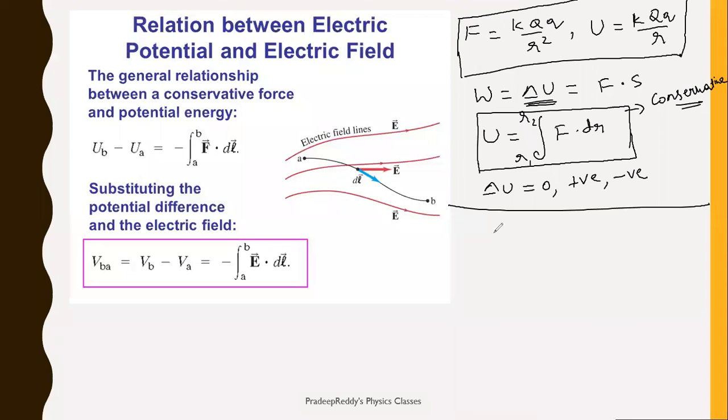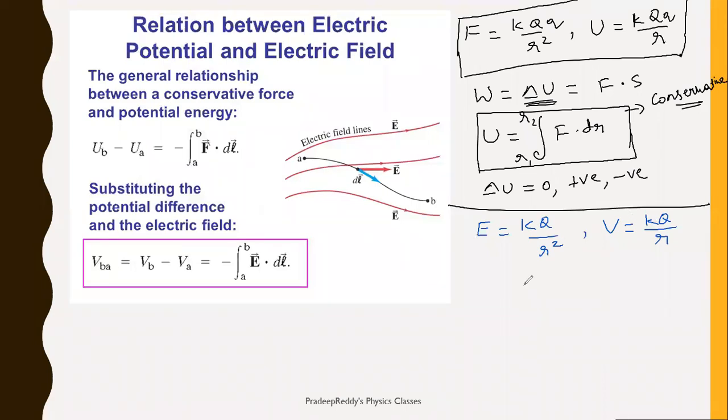Now coming to the next term, we have got the equation for electric field. It is K capital Q divided by R square. And what about electric potential? V is equal to K capital Q divided by R, right? So these two are linked with each other.